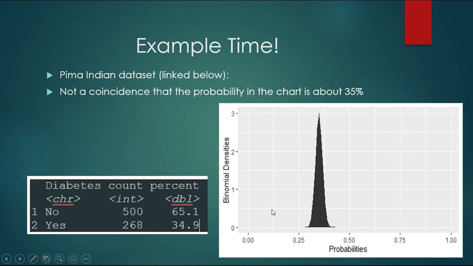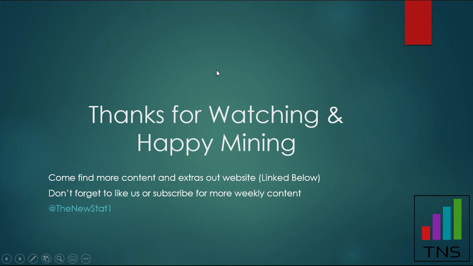Also, you can see that it has this normal-like shape. It's a little bit peaked, but you can see how this approximates a normal distribution in some way. The peakedness really comes from the fact that our sample size is pretty big. We have about 770 cases.